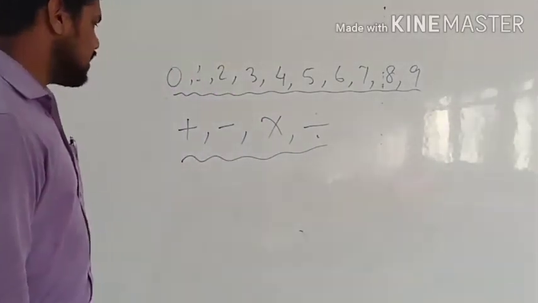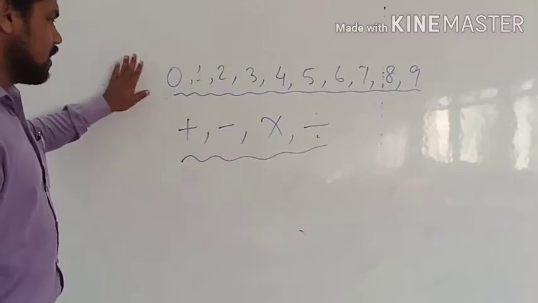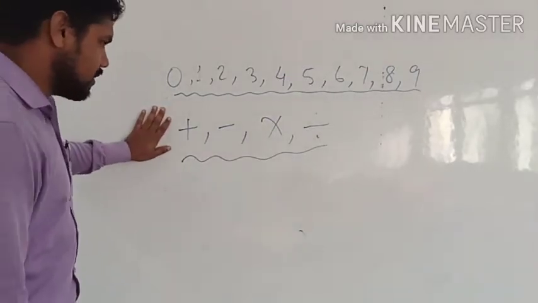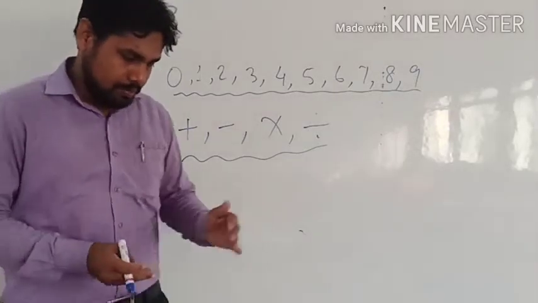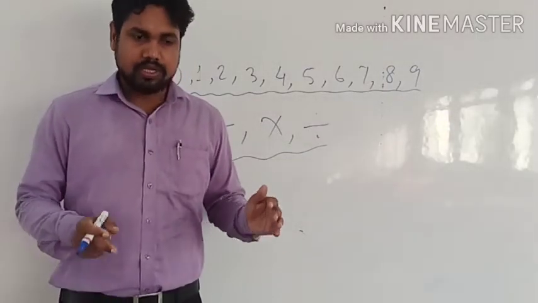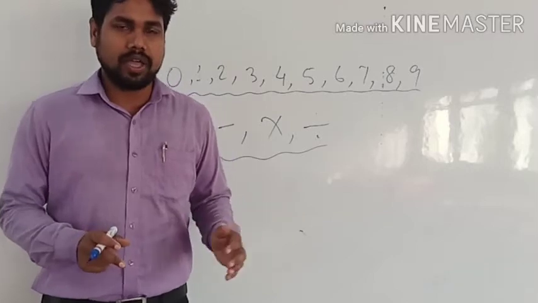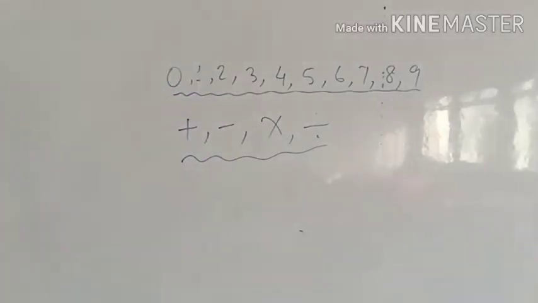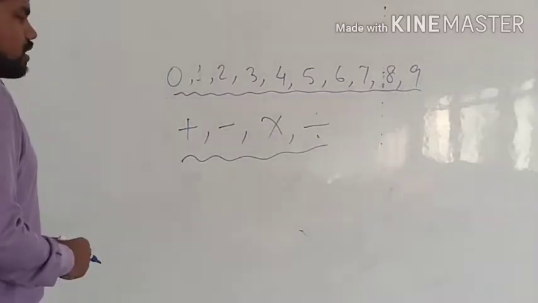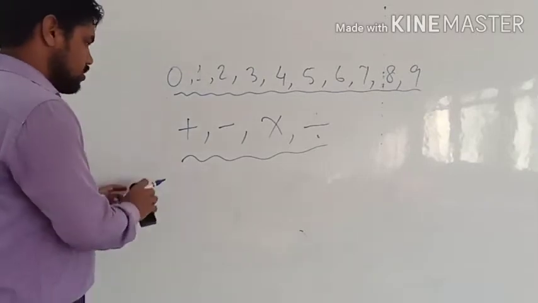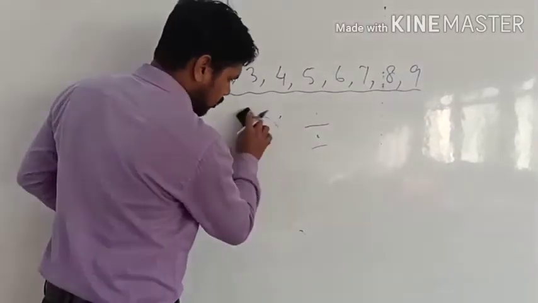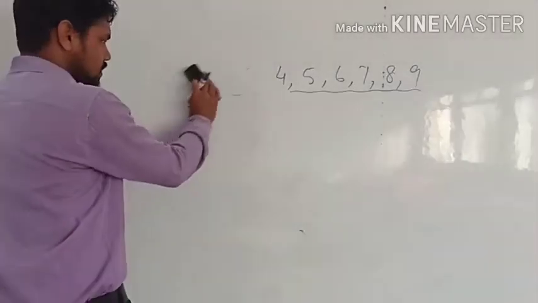Now using these numbers and these operations we form some formations of numbers, and all these are used for calculations. After some observation using all these operations, we make some conclusion and give some result.